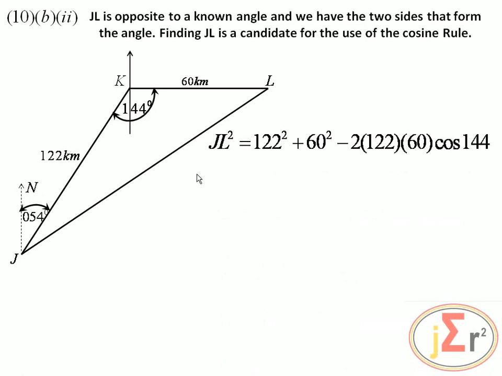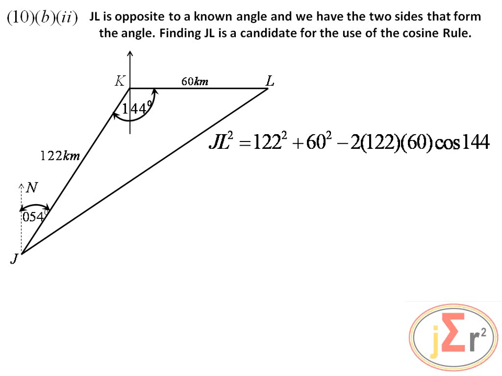And there we have an arithmetic expression of the cosine rule, in which we are saying JL squared is equal to the square of one side plus the square of the other side minus 2 times the product of one side and the other side. Then we multiply by cosine of the angle that the two sides form.